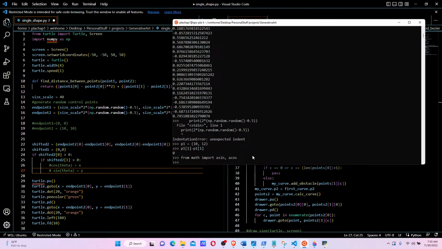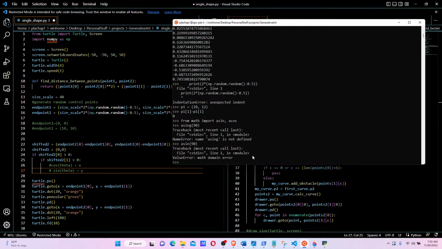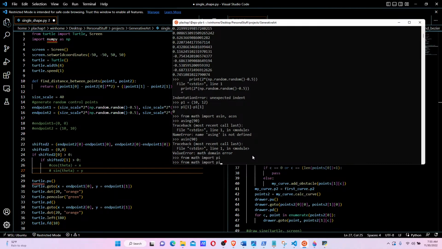Okay, so I'm going to import arcsine and arccos from math, and then see if it's in degrees or radians. Arcsine, oh, okay, of 1.